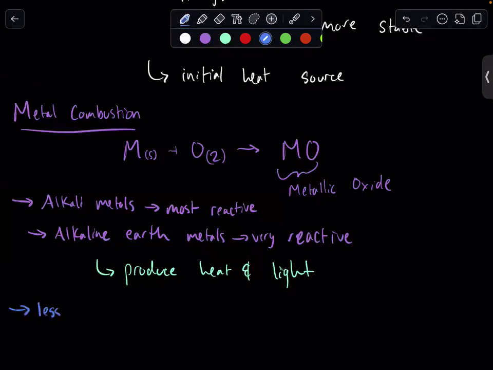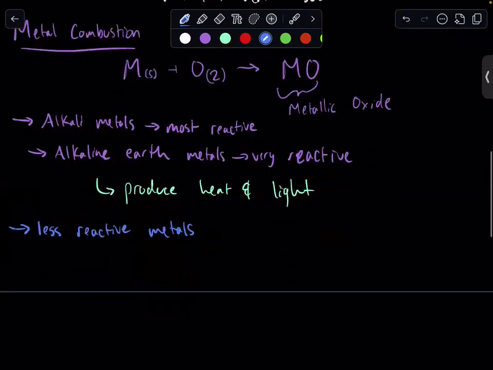Now, we do have less reactive metals that can react with oxygen, but it's a little different. These do what we call rusting or tarnishing. As iron rusts, you get iron, which becomes Fe2O3. This is traditionally what we think of as rust.